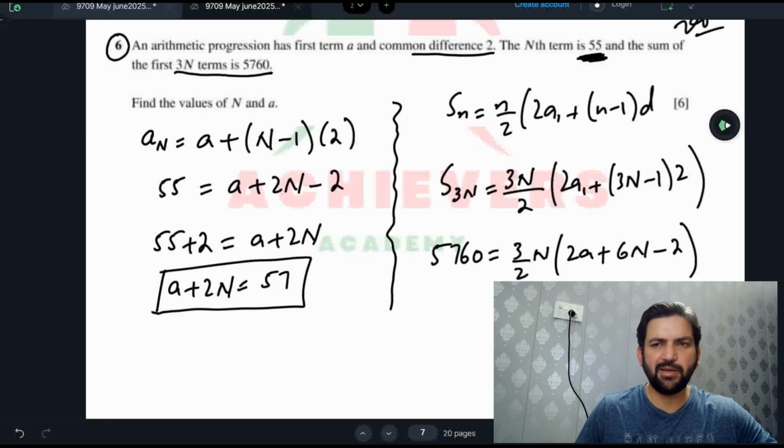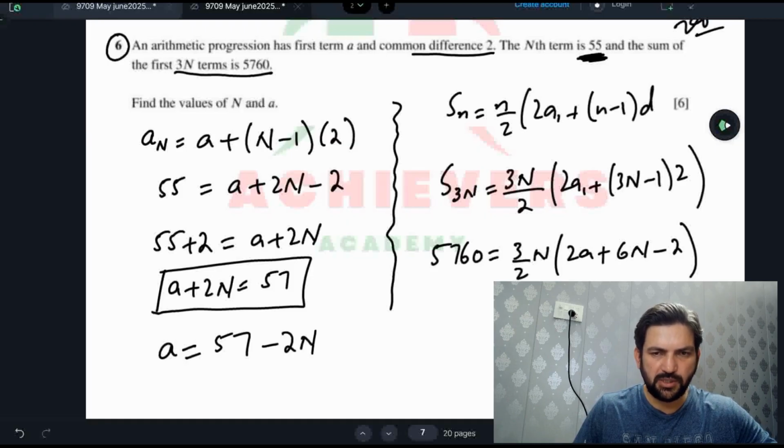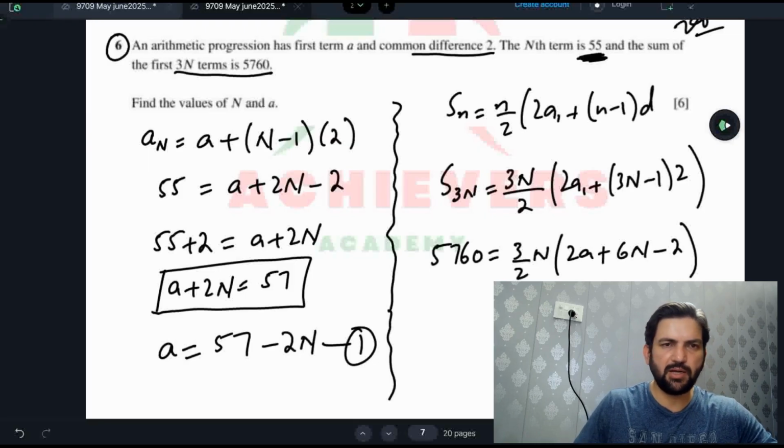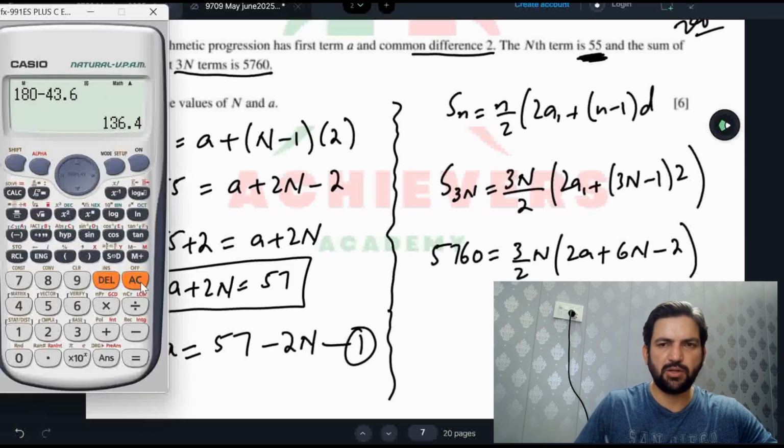We can directly put a will be equals to 57 minus 2n from equation 1, but before that let's simplify it so that we should not have any mistake during the calculation.